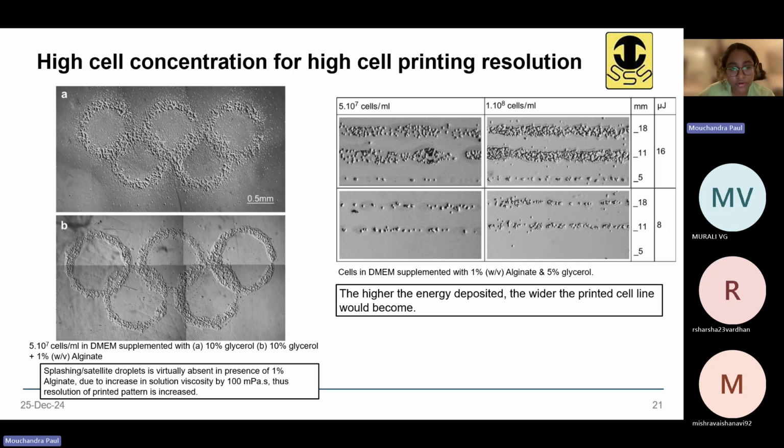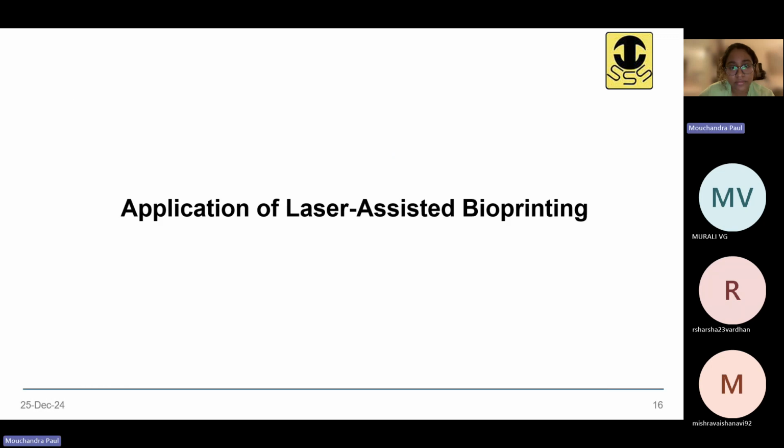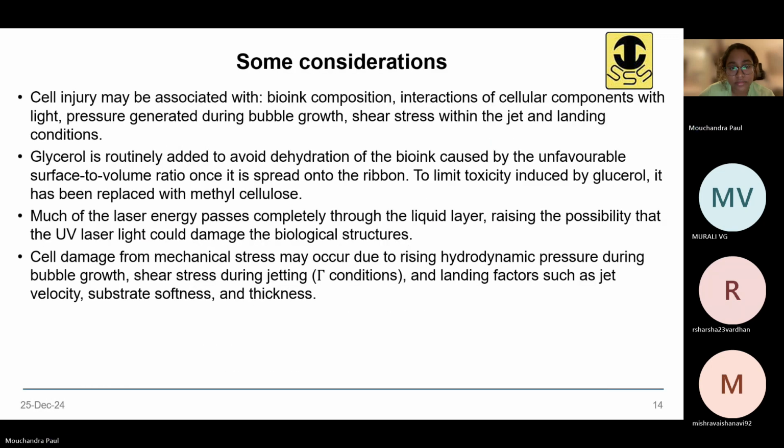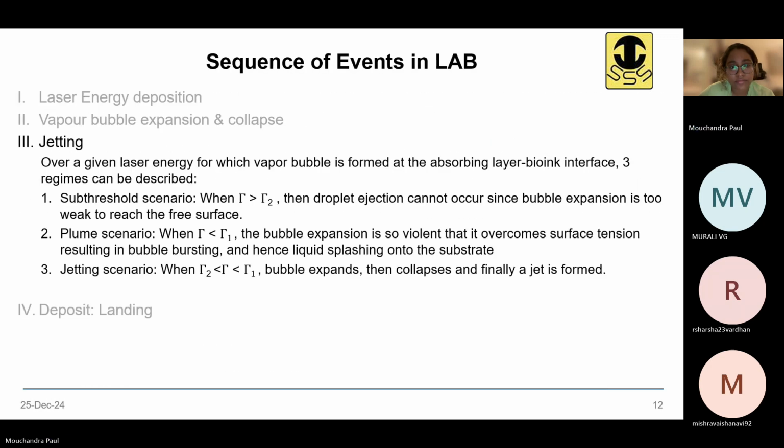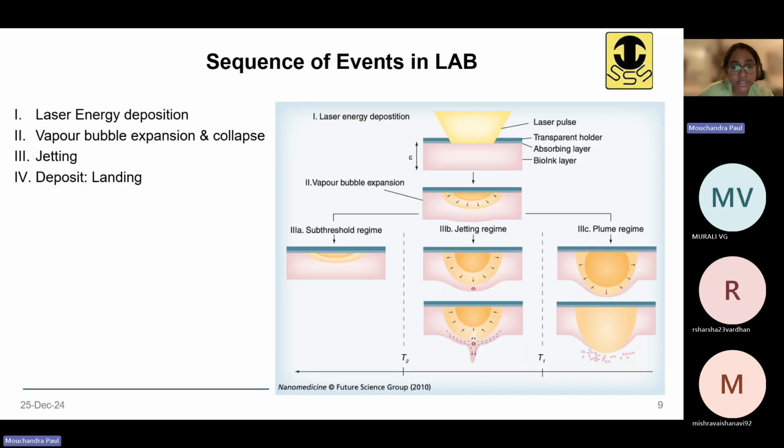So if you remember, let me go back to this diagram. It was in this sub-threshold regime, where the vapor bubble that was expanding was too weak to overcome the surface tension of the bioink layer.